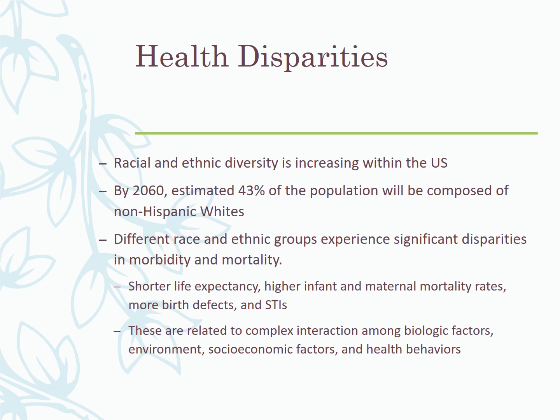They have a shorter life expectancy, higher infant and maternal mortality rates, more birth defects, and STIs. There's a really complex interaction between biologic factors, environment, and socioeconomic factors, and the health behaviors of this population.